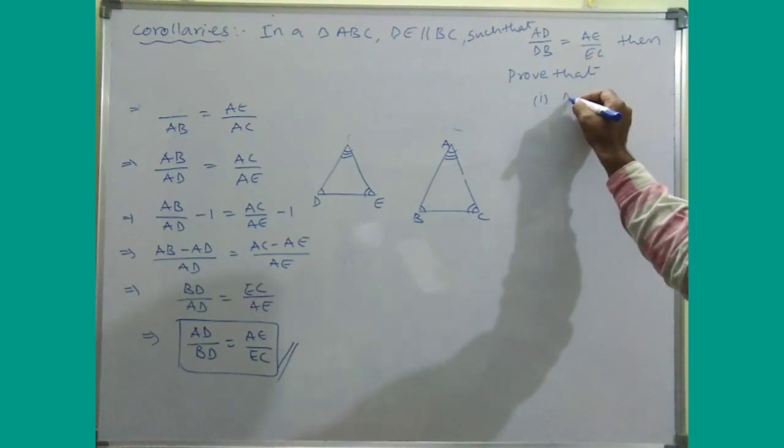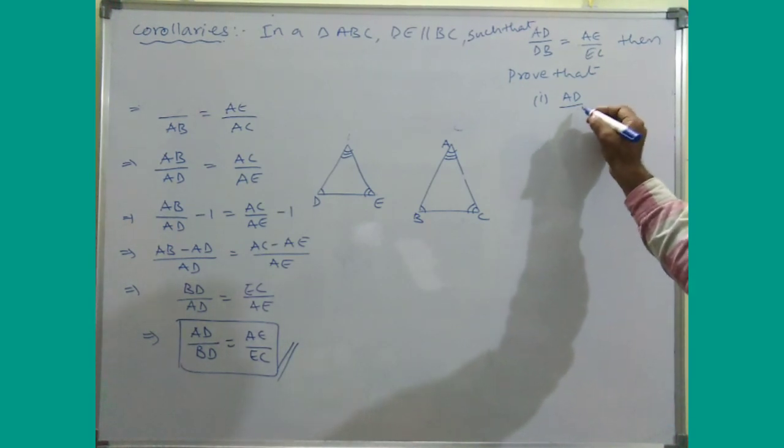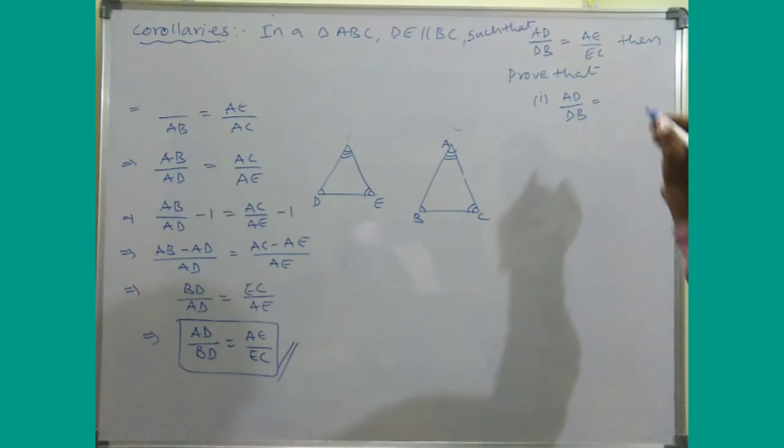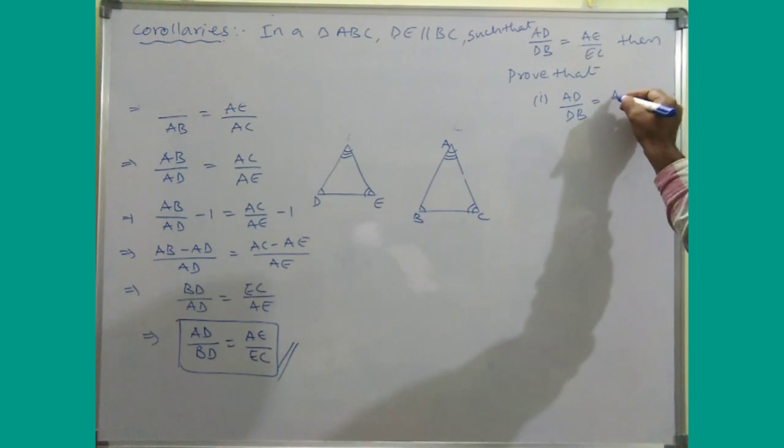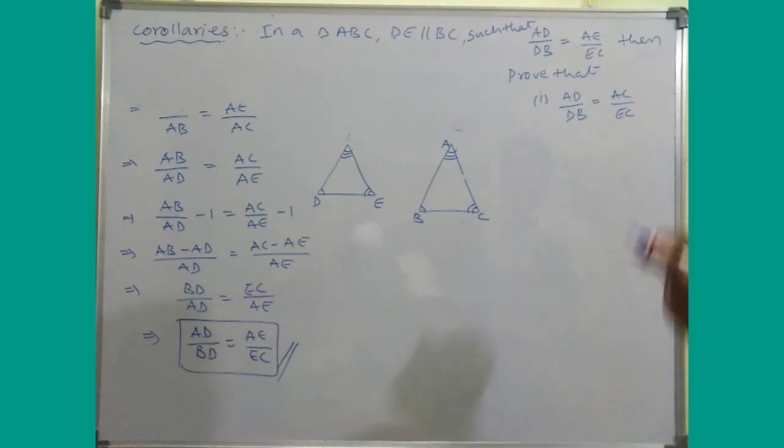First one, AD by DB is equal to AC by EC.